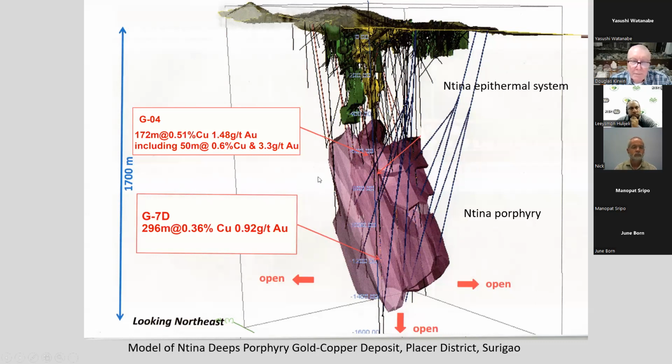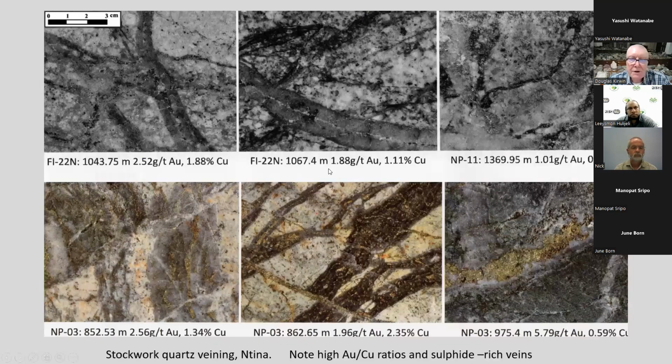Clearly, from an economic perspective, these are the porphyry copper deposits that you would like to find simply because of the gold credit. This is what some of the porphyry copper gold mineralization looks like from Antina, some of the drill core photos. And as I commented earlier, look at those lovely gold to copper ratios.